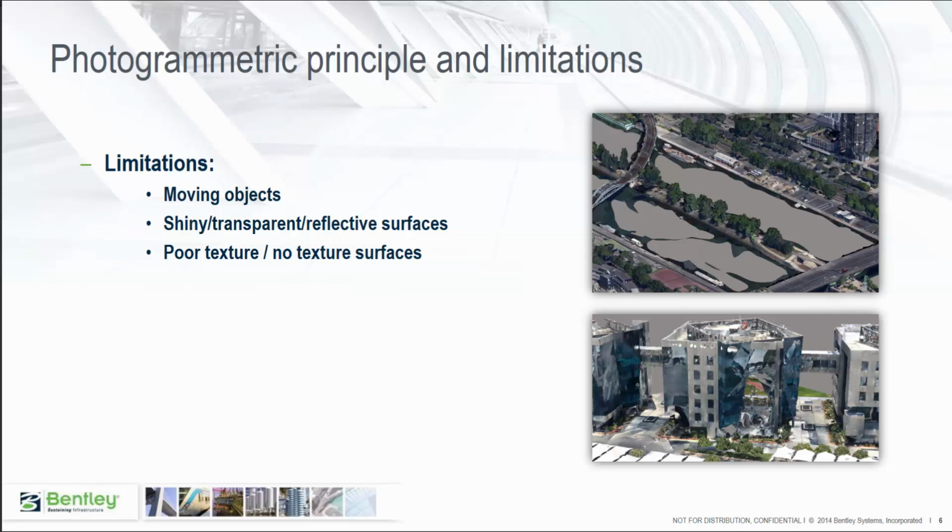So this may lead to holes in your 3D model or even bumpy surfaces. And same for transparent, of course. For transparent surfaces, you will get the RGB value of the object that is behind the transparent surface, so it will not be reconstructed.